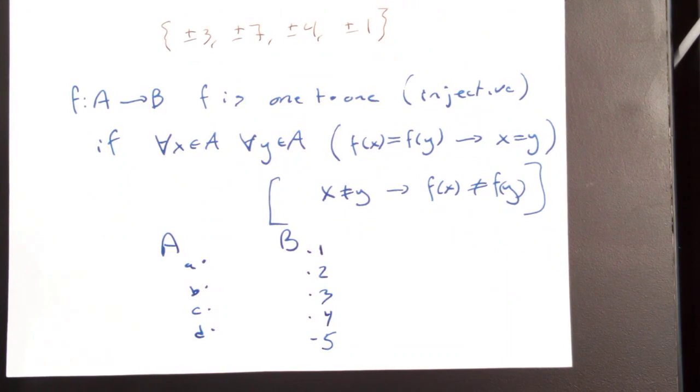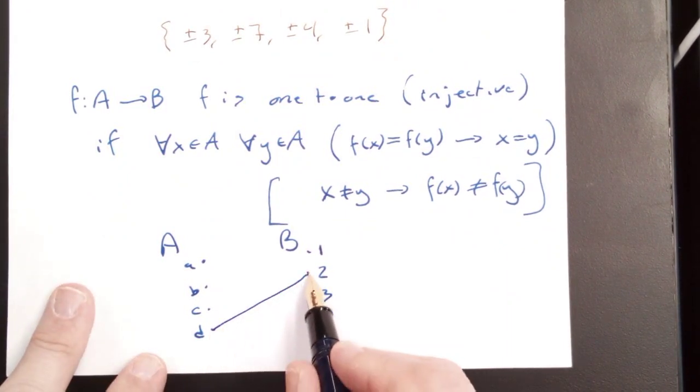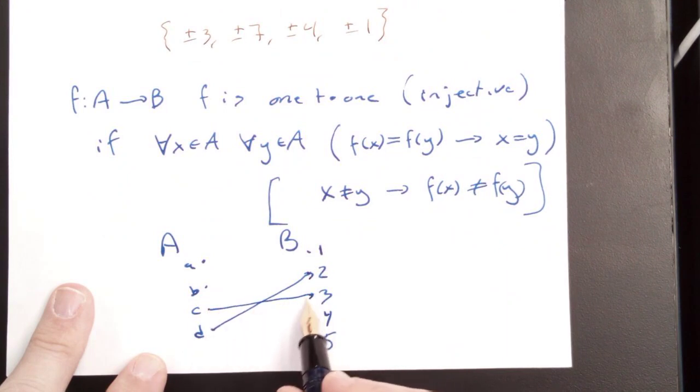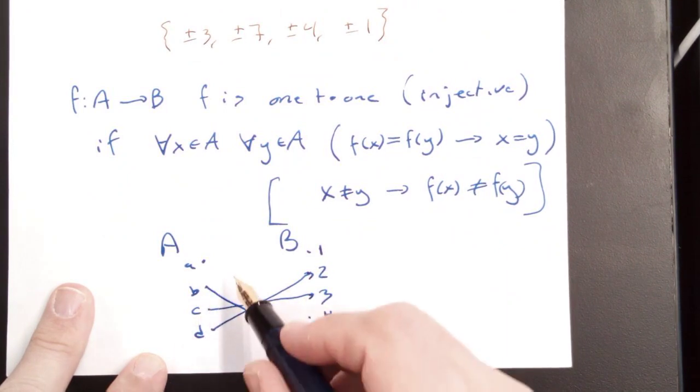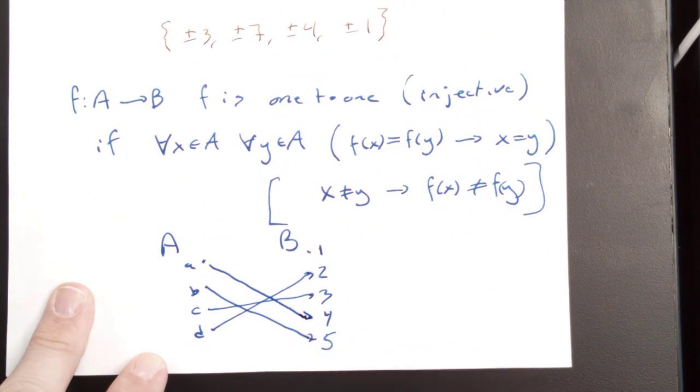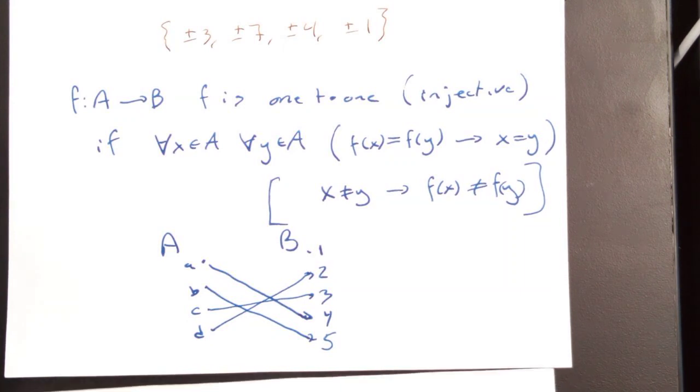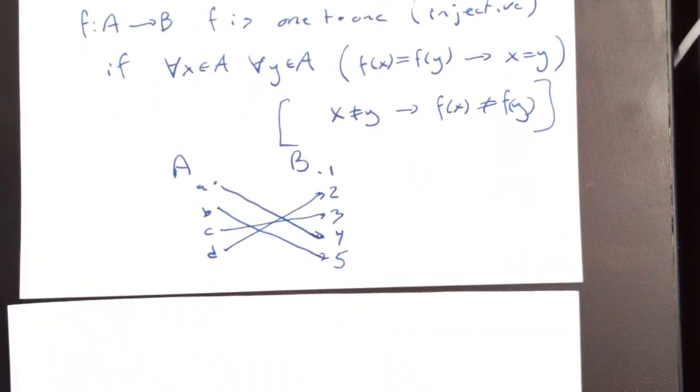And I can make a one-to-one function like that. Every element in A goes to one thing in B, and none of the pairs of elements in A go to the same thing in B. This function is one-to-one.